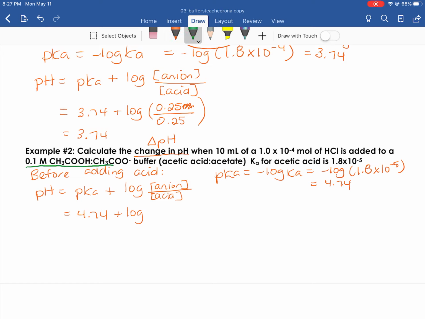Okay, so again, now we've got buffer notation here with 0.1, which means there is 0.1 of each. Okay, so then we are going to add a stress.